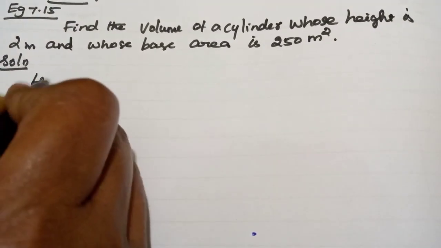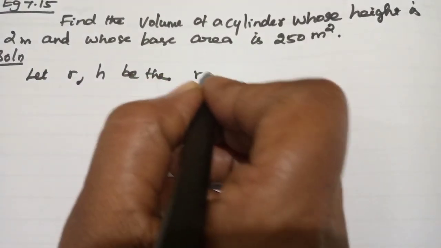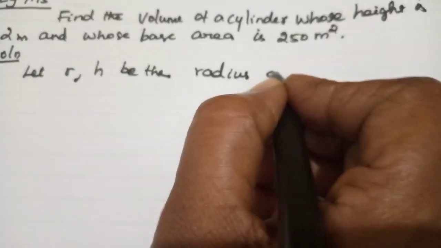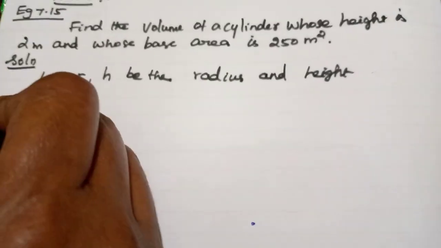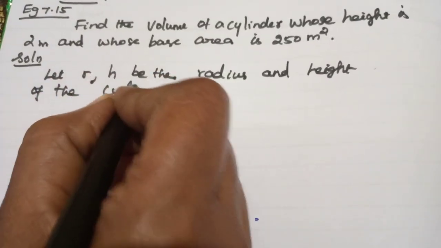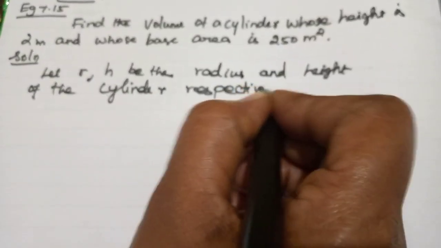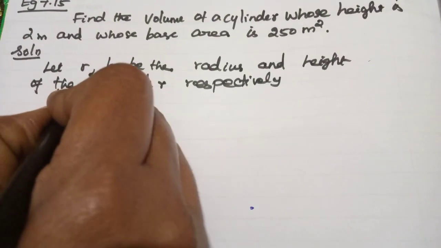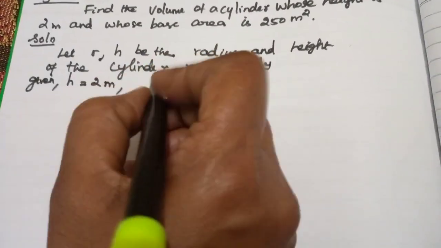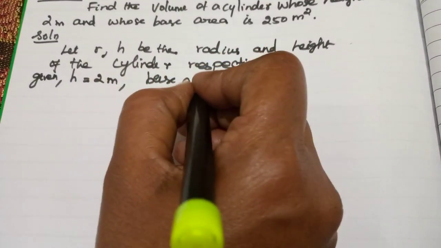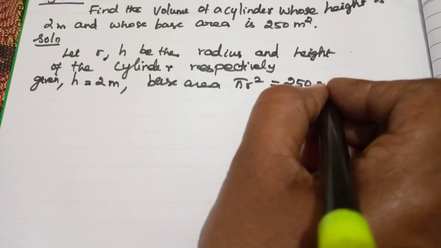Let small r and height be the radius and height of the cylinder respectively. Height is equal to 2 meter, base area pi r square equal to 250 meter square.